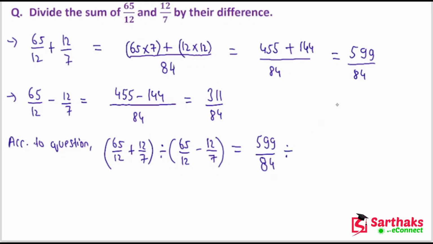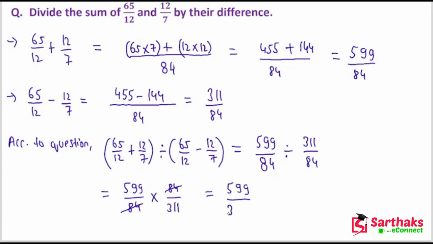So we have to divide it by the difference, which is 311 upon 84, which is in turn equal to 599 whole upon 84 into 84 upon 311, because when you change the symbol it will become the reciprocal. You can cancel 84 with 84 and the final answer would be 599 whole upon 311.